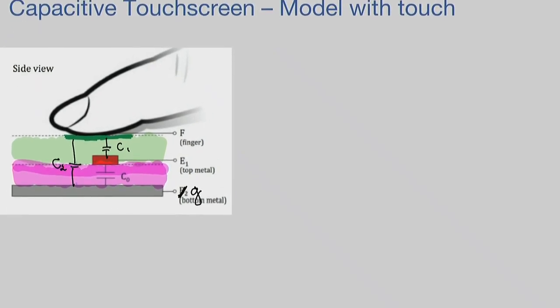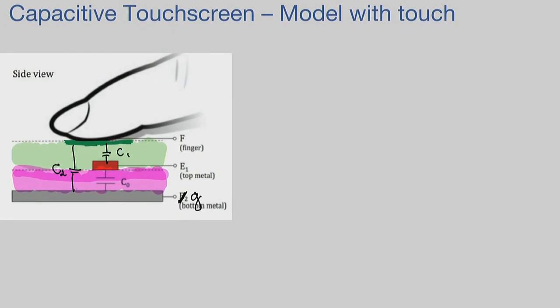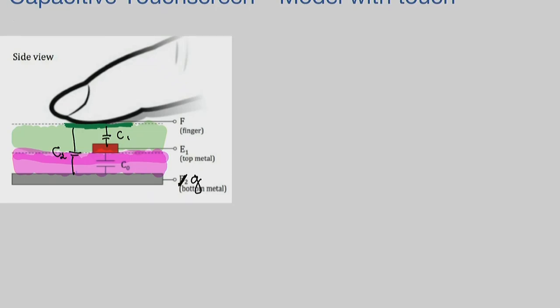All right, so let's come up with a model for our capacitive touch when we consider touch. In this model, we would have a capacitor formed by a plate represented by our finger when there is touch.